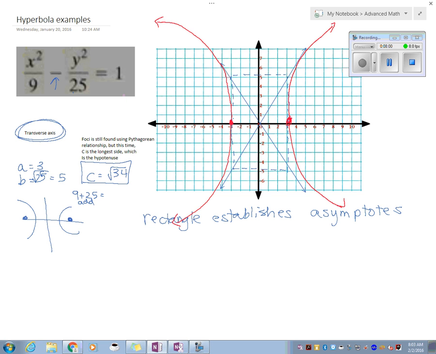So isn't the focus point going to be right here and right here, at the negative square root of 34, 0, and the square root of 34, 0, for my focus points, right?